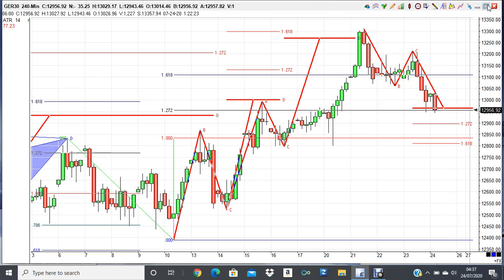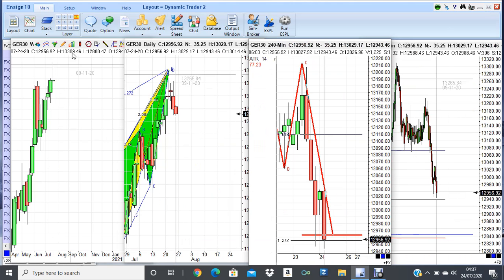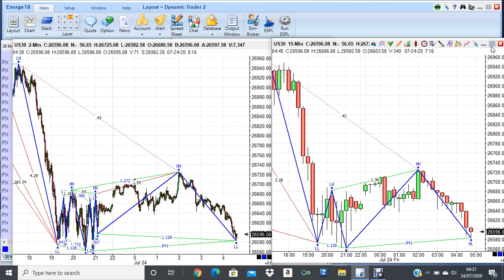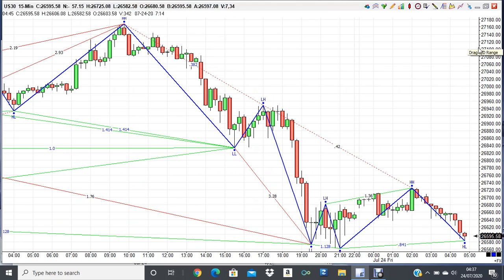If I look at some of the other markets quickly, the Dow. This is the Dow, and you can see we had quite a sharp sell-off up in the morning, futures market. Then when the cash market opened, it was just down. The cash market opened here 2:30, and we basically had a few little rallies here.